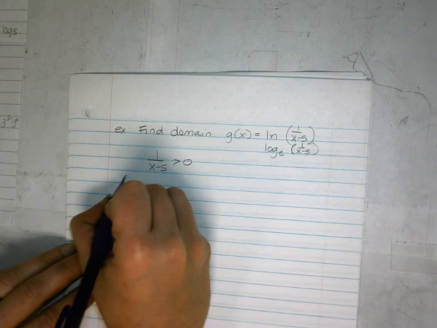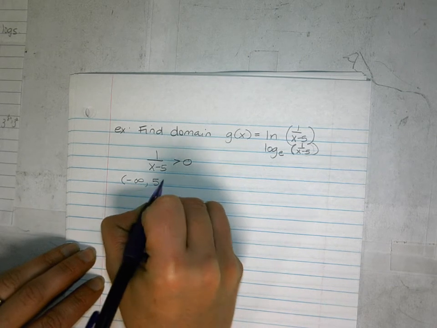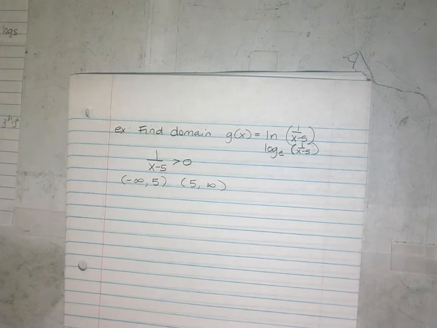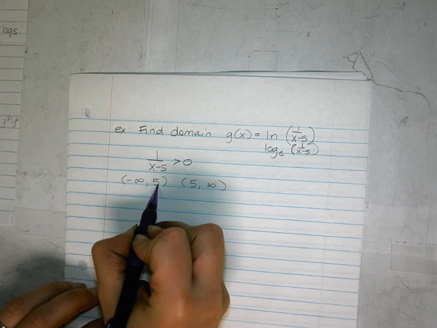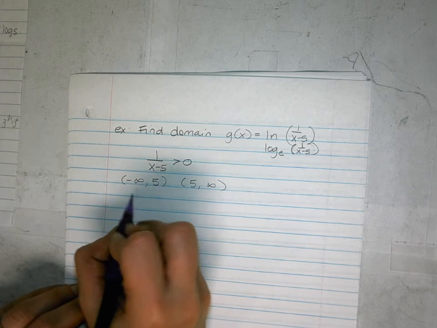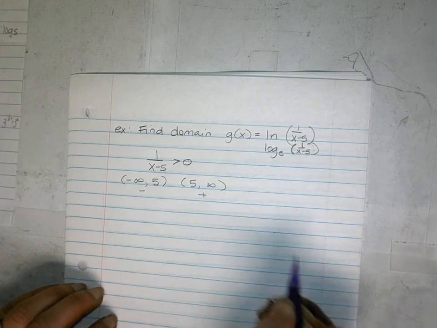So we have the intervals from negative infinity to 5, and from 5 to positive infinity to know what's happening in this graph. If you were to plug in a number smaller than 5, such as 4, 4 minus 5 is negative 1, therefore this value would be negative. Anything greater than 5 would come out positive.